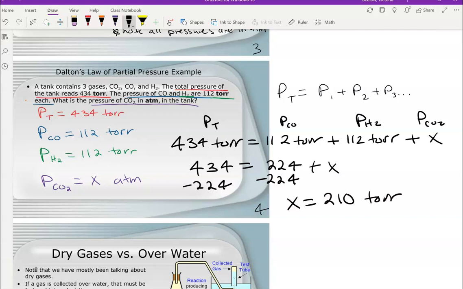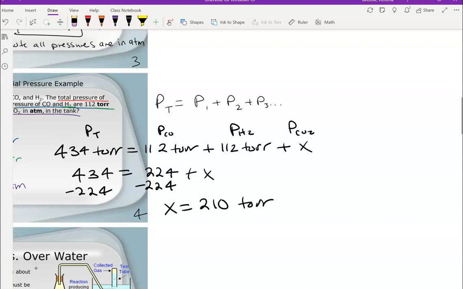Now, this is still in torr, but we wanted our final answer in atm. So I'm going to do 1 picket fence, and I know 760 torr is equal to 1 atm. This will be on your equation sheet and something that you would be provided.